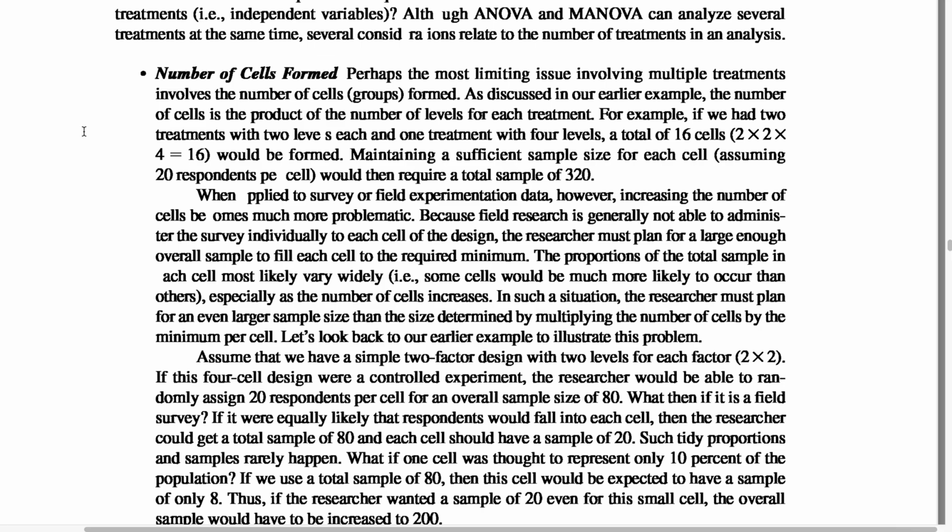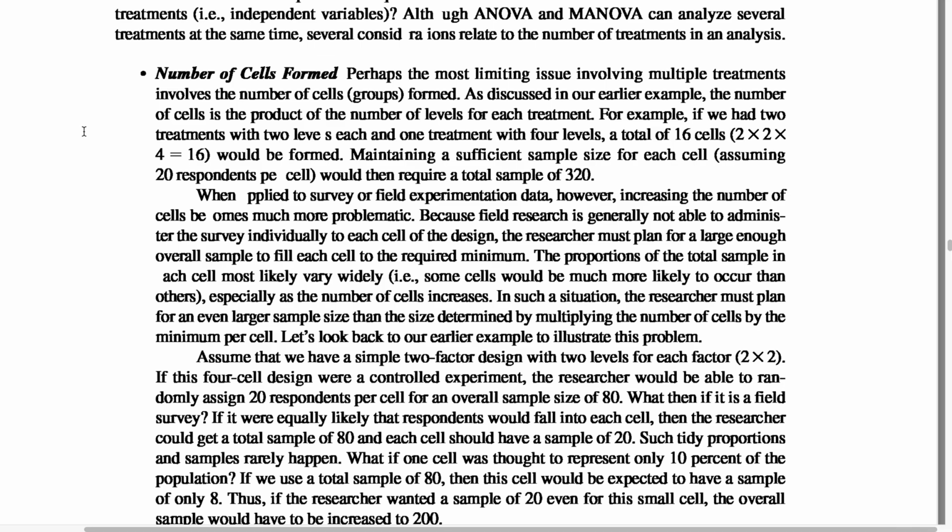What then if it is a field survey? If it were equally likely that respondents would fall into each cell, then the researcher could get a total sample of 80 and each cell should have a sample of 20. Such tidy proportions and samples rarely happen.